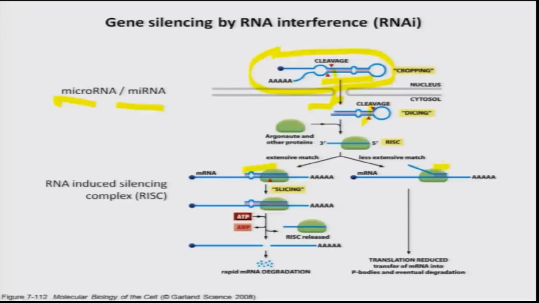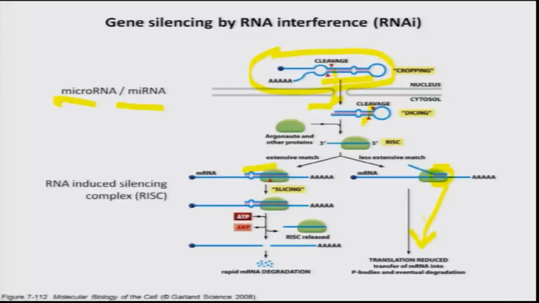So, these 20-25 base sequences go and bind, most often, to the untranslated region of the messenger RNAs, the 3' untranslated region. When they go and bind, they have two distinct functions. One, when they bind like this, something like what is shown here, this can result in translation arrest.